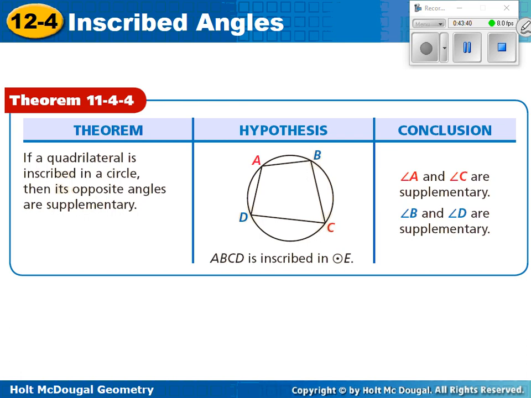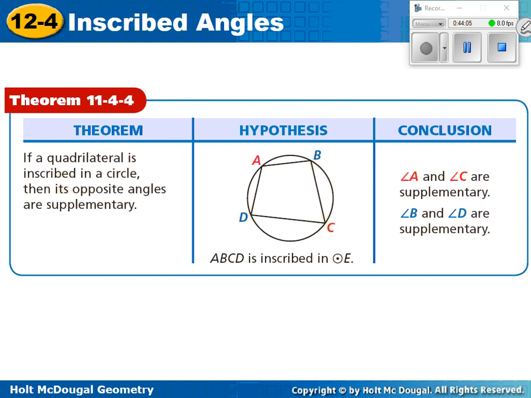Here's the deal. For a quadrilateral to be inscribed in a circle, remind me, what does inscribed mean? Inside, and every vertex actually touches the circle, right? So the only way that a quadrilateral can be inscribed in a circle is if its opposite angles are supplementary, the opposite angles.